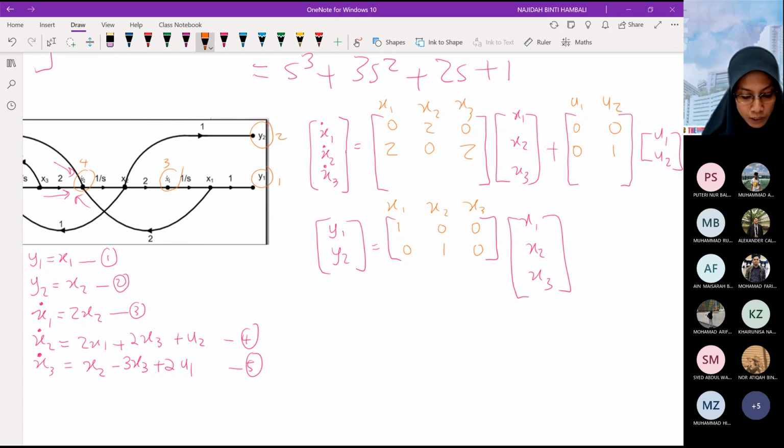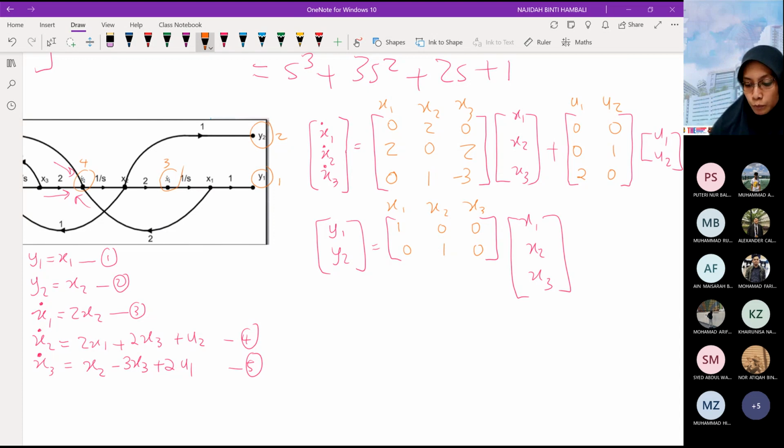Next, move to equation number 5 for x3 dot equal to x2 negative 3x3 plus 2u1. That's it. Then we have completed our state space equation for the MIMO system.